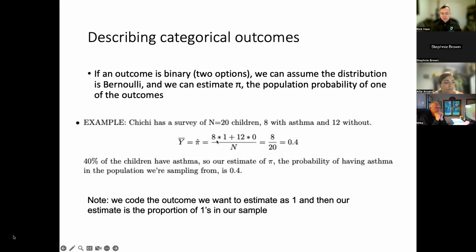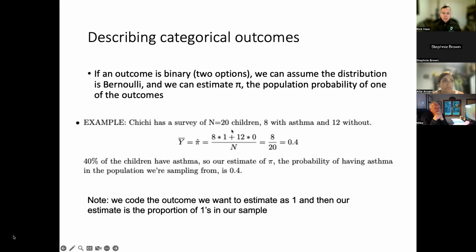We can estimate that by computing a sample mean using what we'll learn in week 7 is something called indicator or dummy coding for our variable: in our data set, record a 1 as the value of their variable for everybody with the disease, and a 0 for everybody else. Again, that's very common in data sets that have categorical variables to use these numeric codes. The 0-1 coding is called indicator or dummy coding.